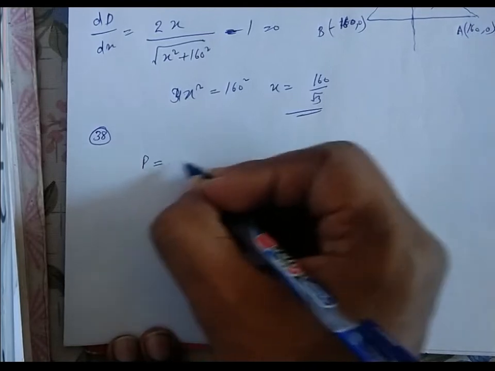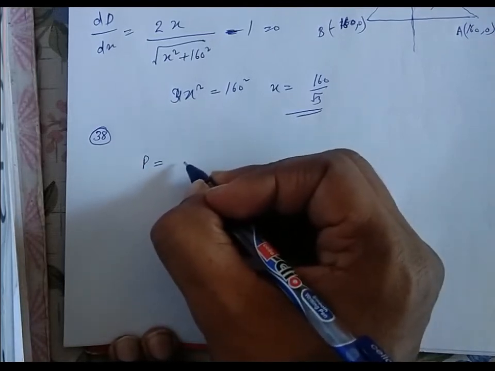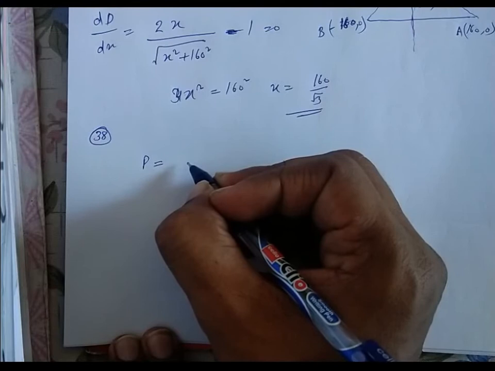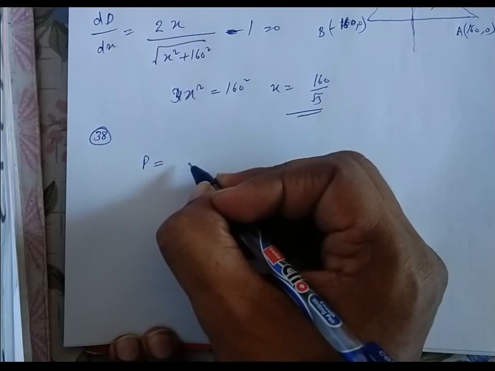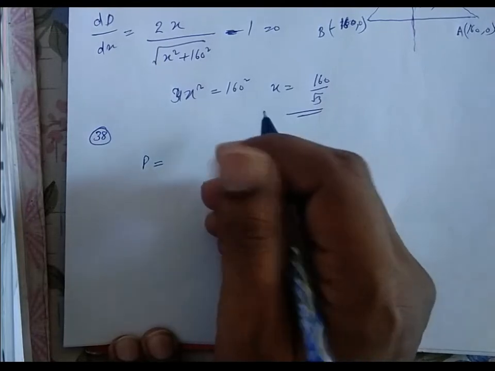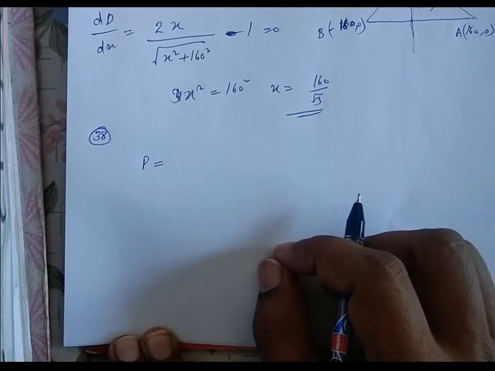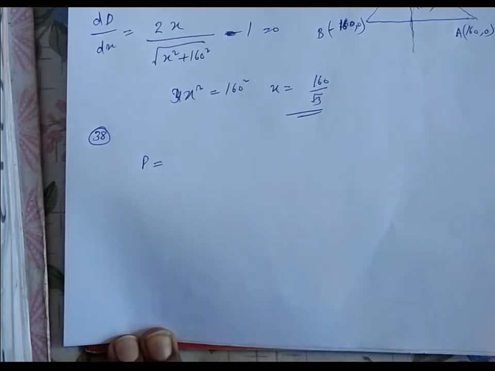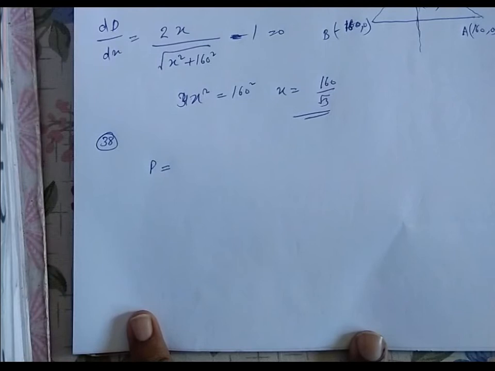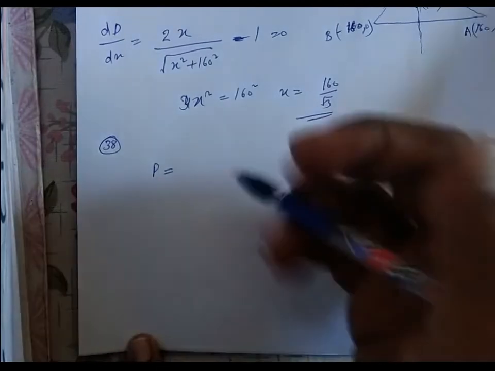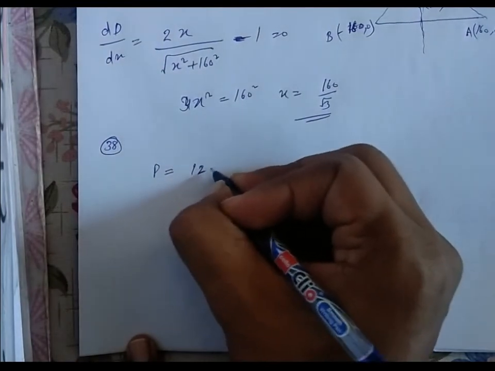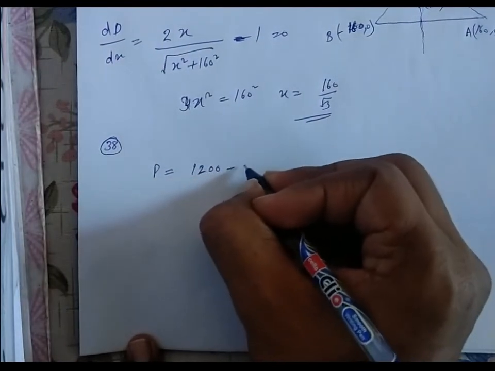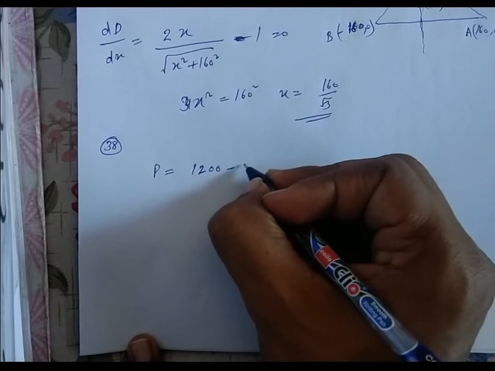So the profit function can be written as P is equal to 725 plus X. If the increase in number of subscribers is S, the decrease in profit would be X paisa.